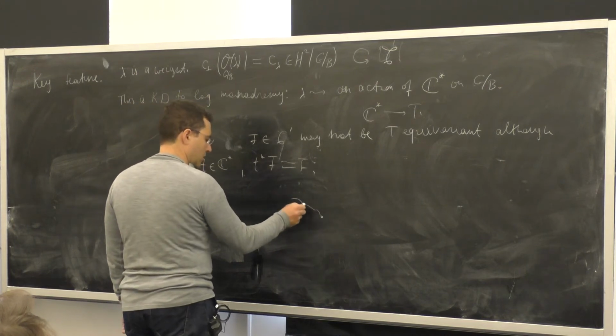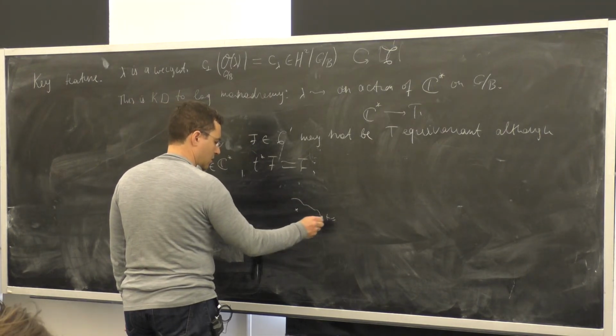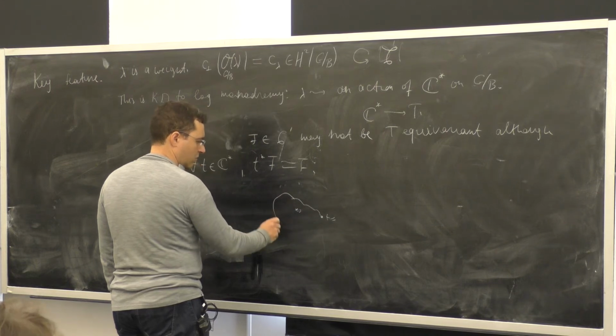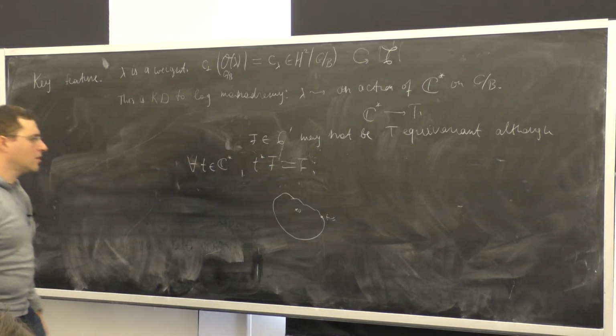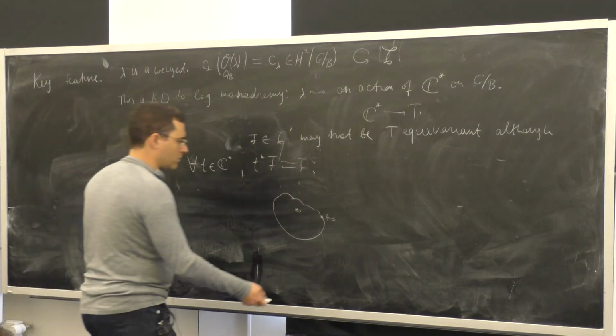And so when you start at T equal to 1, and then you move around the loop and come back, you get a new automorphism. So this is a monodromy automorphism.